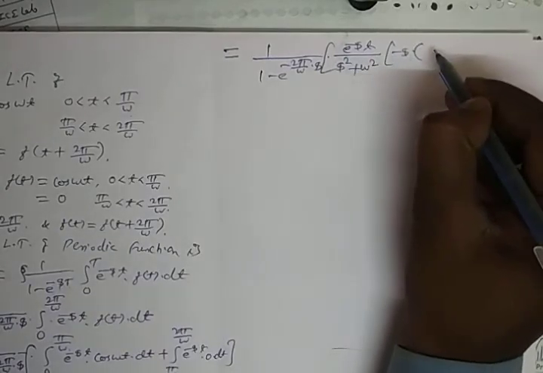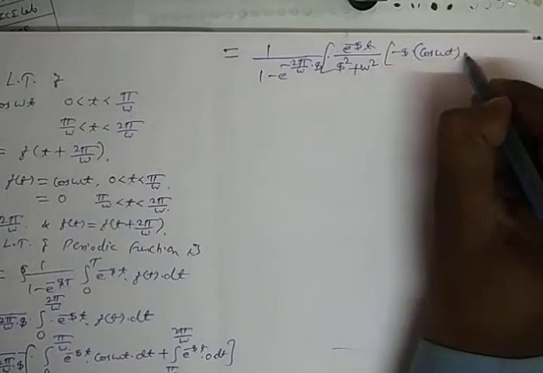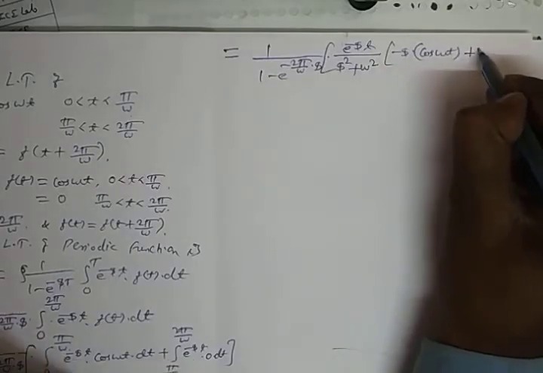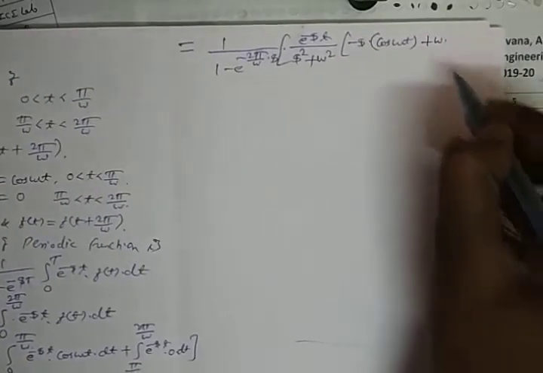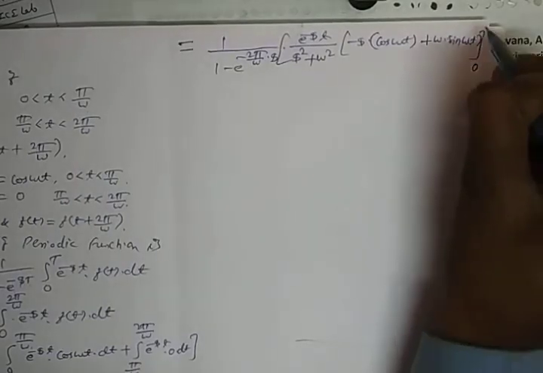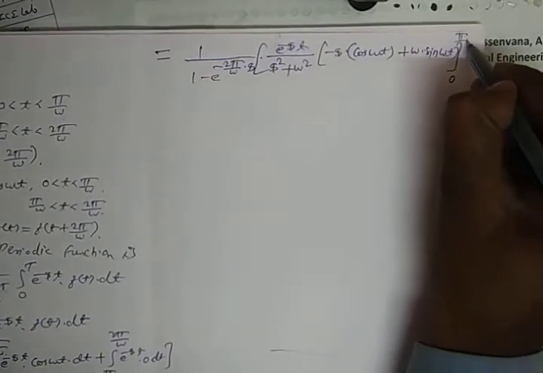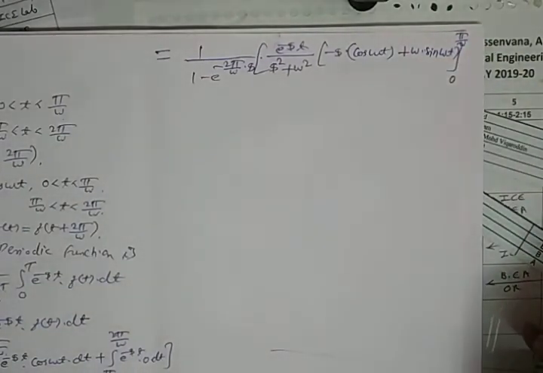Minus s, cos omega t, plus b, what is the value of b? That is omega, into sin omega t, bracket close, limit from 0 to pi by omega.